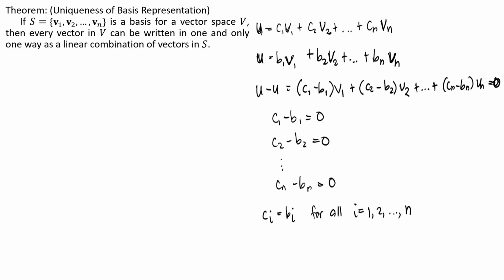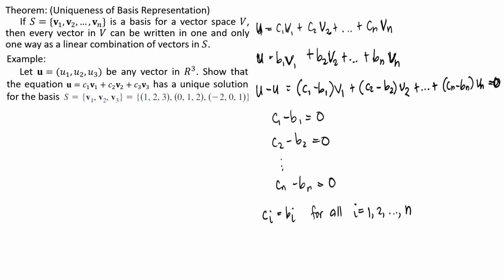Now let us show this theorem in an example, this next example. We let u be this vector, any vector in R3. Show that this equation has a unique solution for the basis S given as the set.